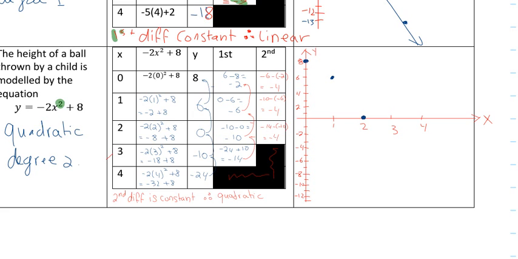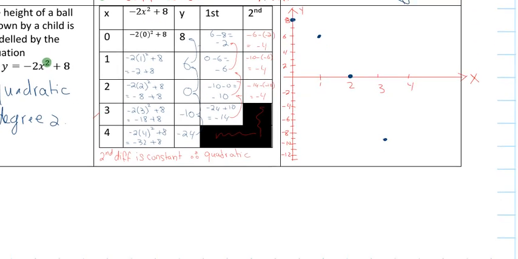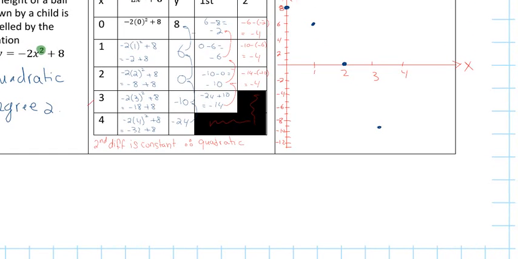What's my next point? 3, negative 10. And then you see that it's 4 and negative 24. Negative 24 is somewhere down here. So if I'm going to sketch it, it's going to kind of be right somewhere right here. Okay? So I'm not going to include that on my graph.